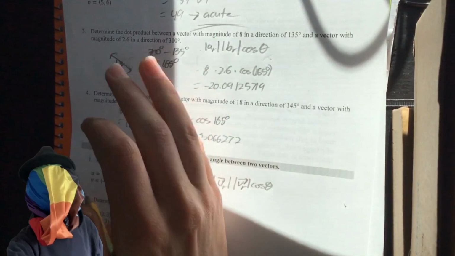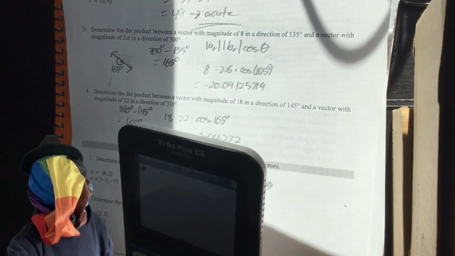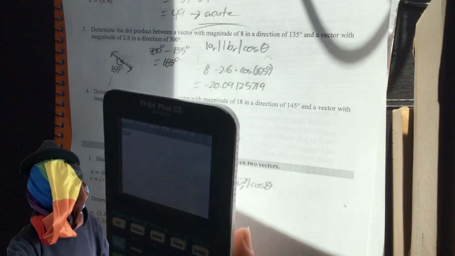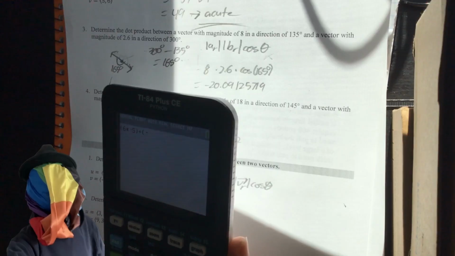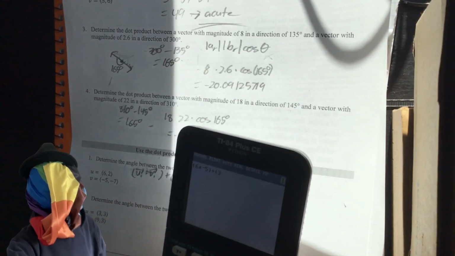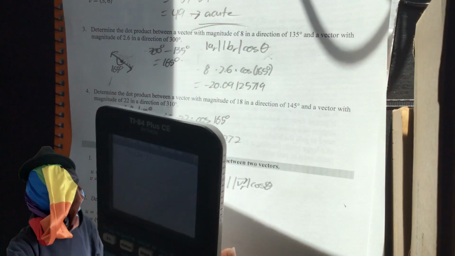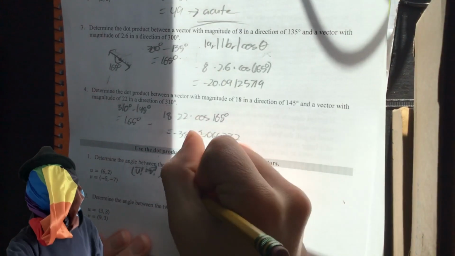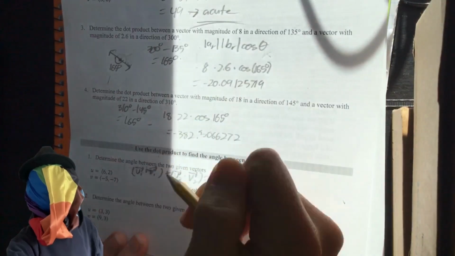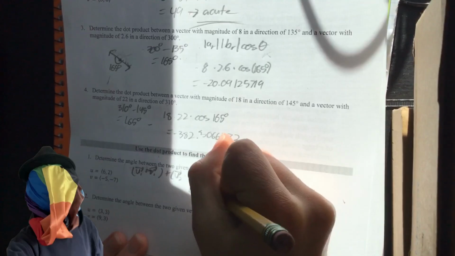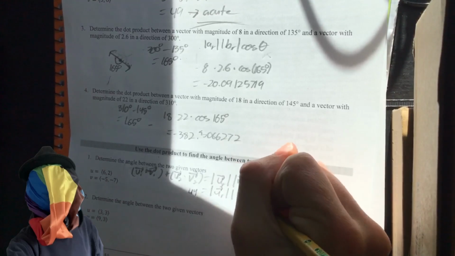So we can just do this all at once. For the dot product, we can do 6 times -5 plus 2 times -7. We can do -44 equals the magnitude of u times the magnitude of v times cosine theta.